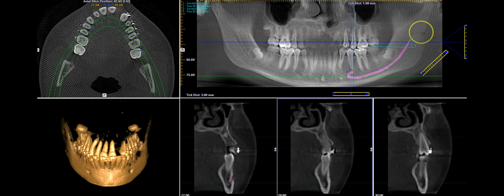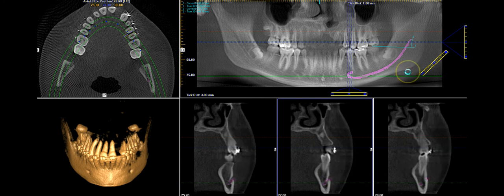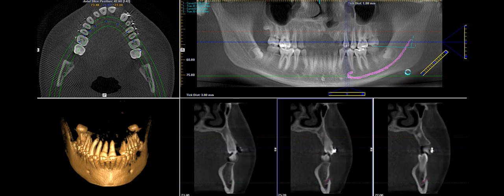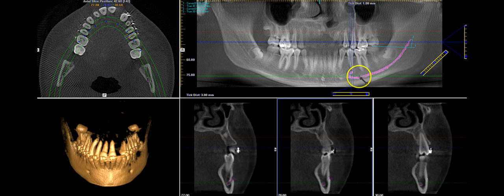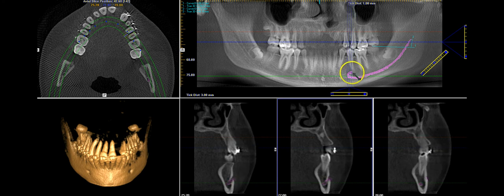And then at the first premolar, the nerve comes out. But as you can see, it's looping out. It goes from down to up, and while it's going up, it goes right to the buccal cortical plate, and that's where the mental foramen is. So you can see it coming out.